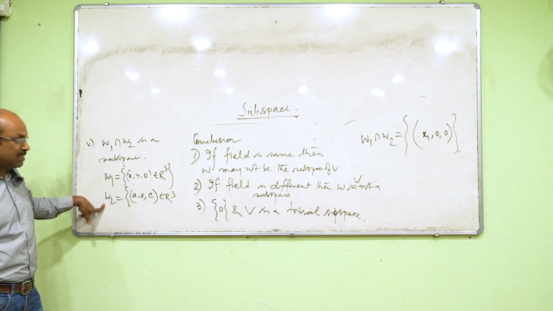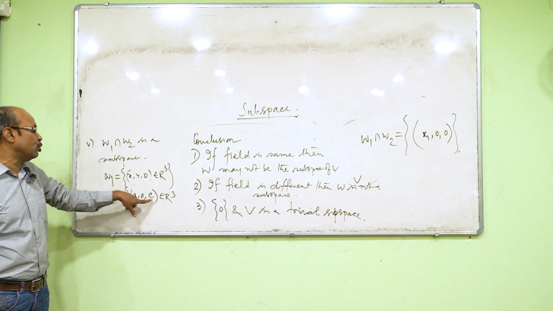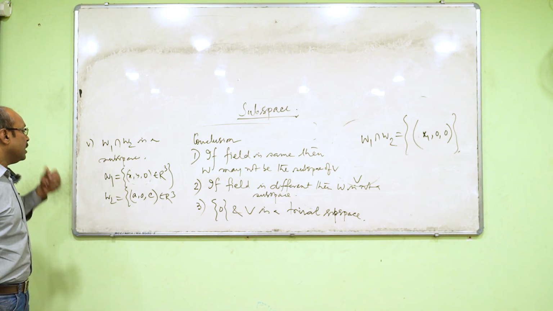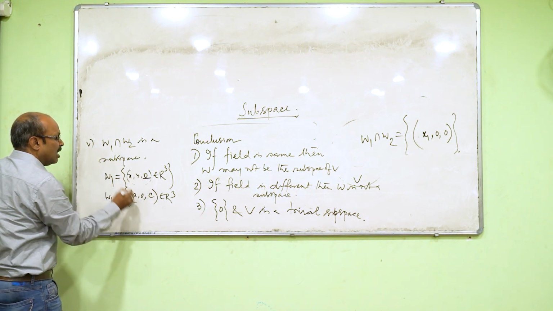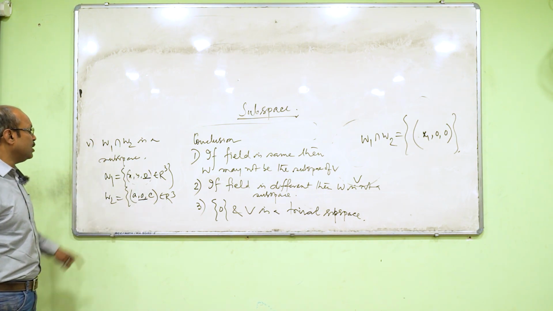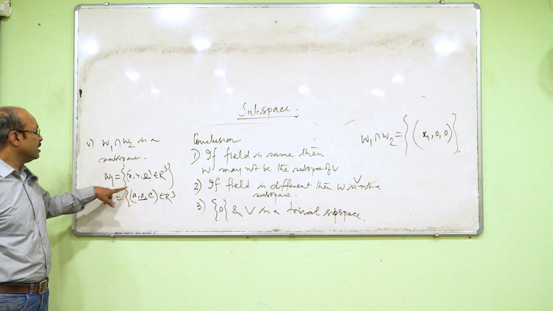W2 is another subset which has elements (a, 0, c). Here the third element of one tuple and the second element of the other is 0.